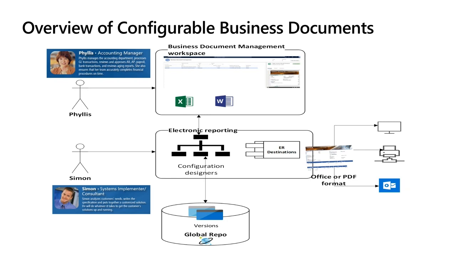This functionality is very powerful. It has rich designers which allow you to set up payment formats, electronic invoices, or any other electronic document output, and it's based on domain-driven data models like ISO 20022 for payments or UBL for invoicing.